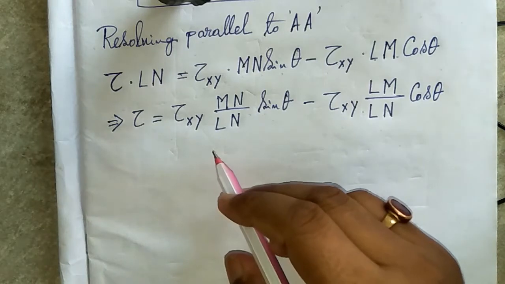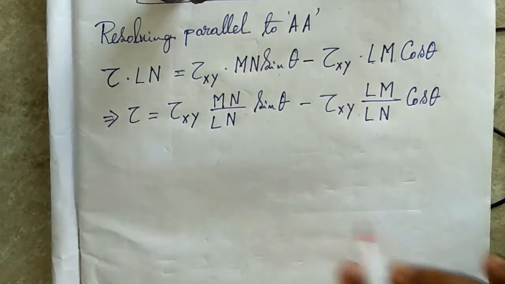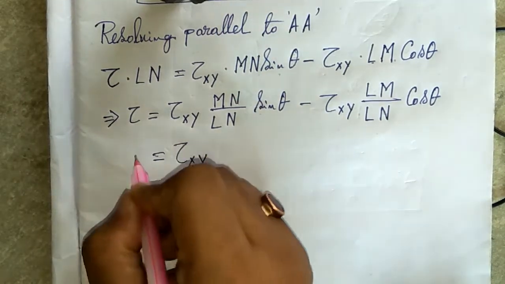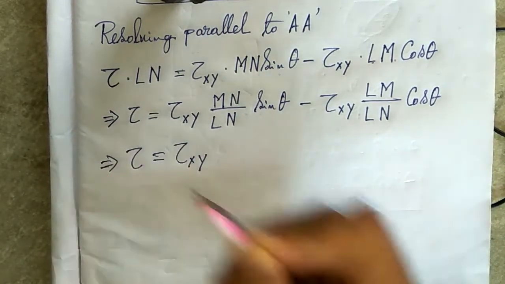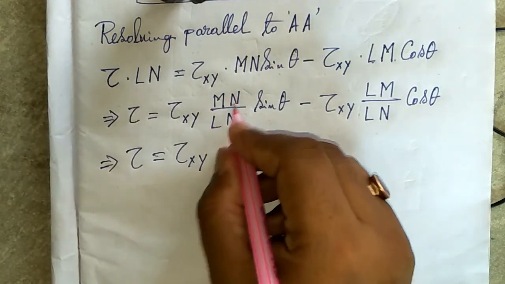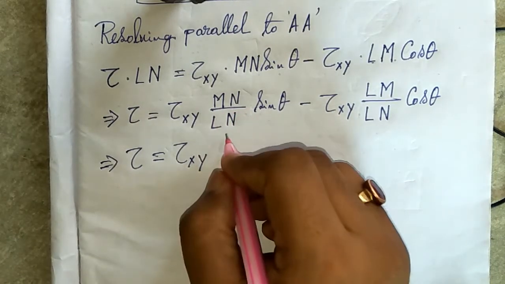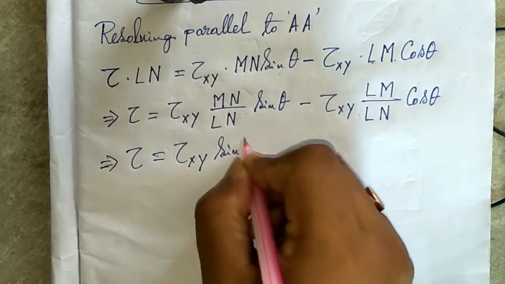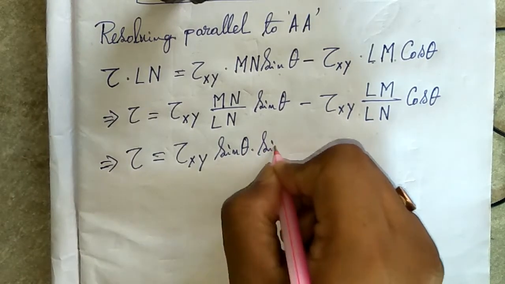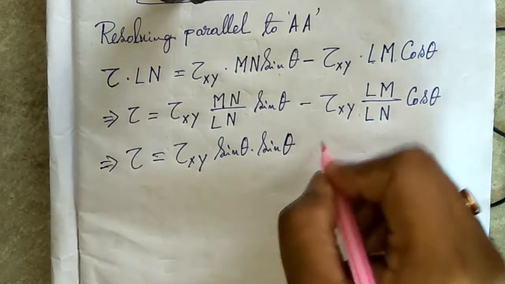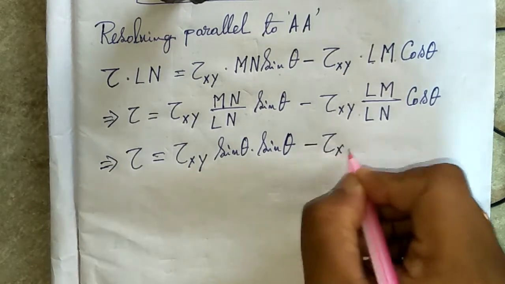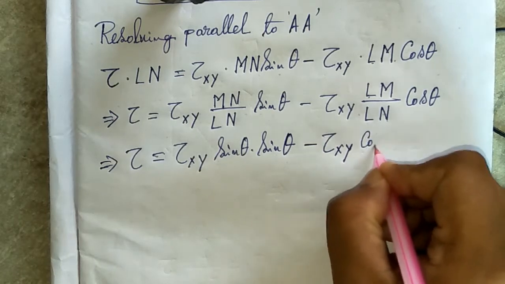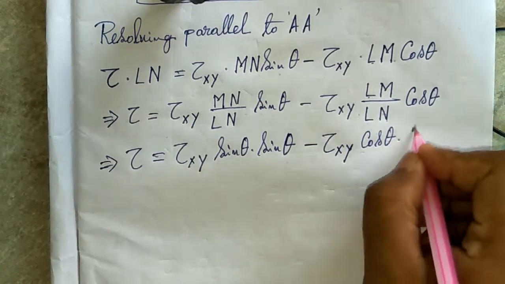Okay, so from the basic geometry we can write mn by ln is equal to sin theta, so that is sin theta into sin theta, minus tau xy into lm by ln, which is equal to cos theta, into this cos theta.